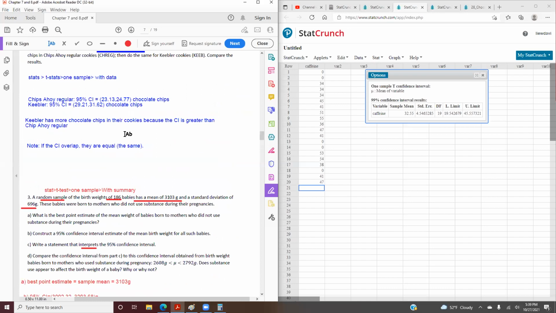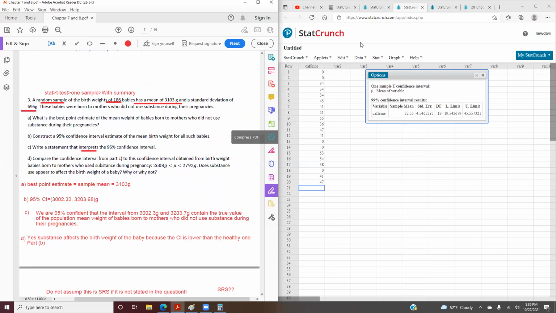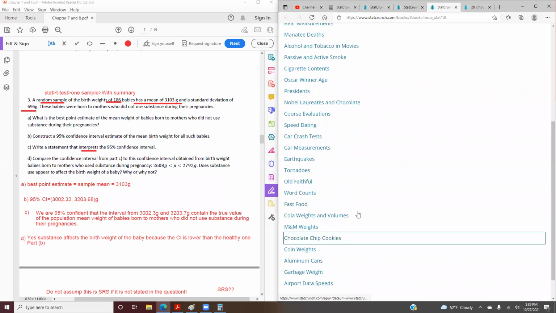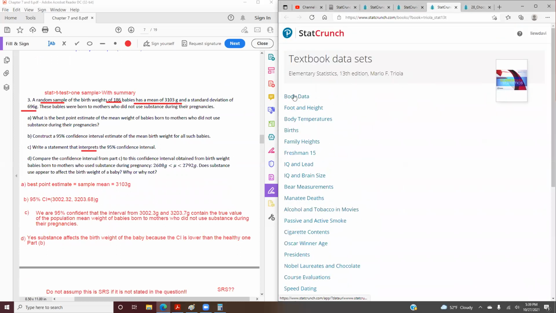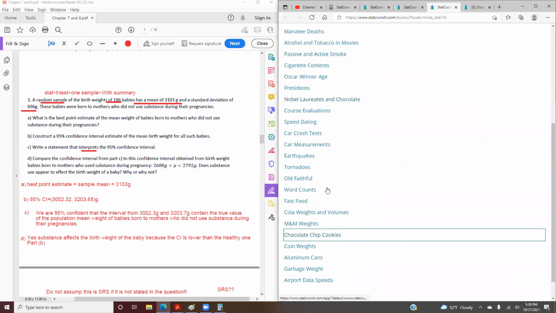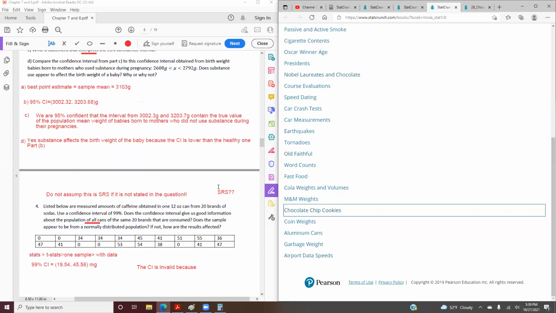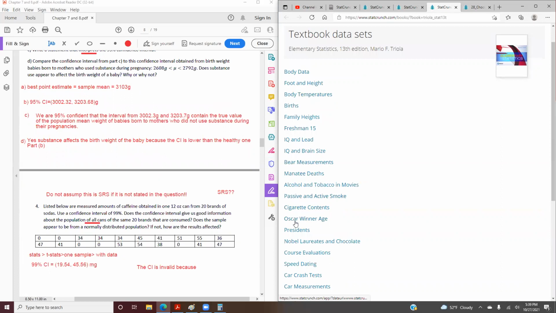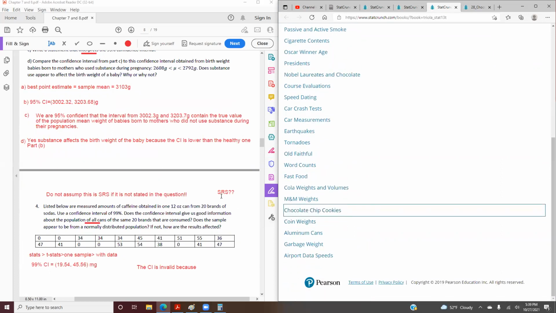Now, what about all this data? Remember the chips, the chocolate chip ones? All this data that is collected from the author, they are all simple random samples. So if the data came from this list, it is a simple random sample.